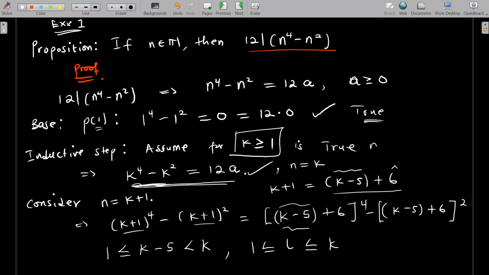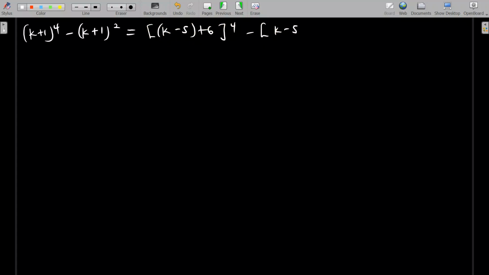So let me go to a new fresh page and simplify whatever you have there. So we are saying that k plus 1 to the power 4 minus k plus 1 squared is written as k minus 5 plus 6 to the power 4 minus k minus 5 plus 6 squared, right?